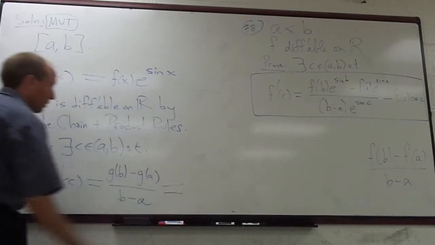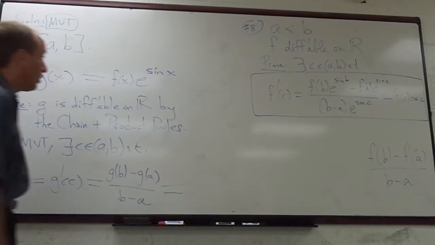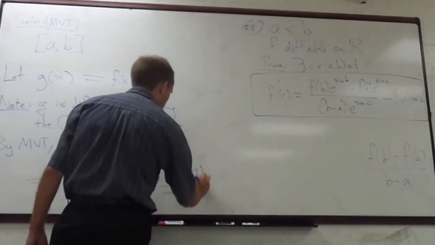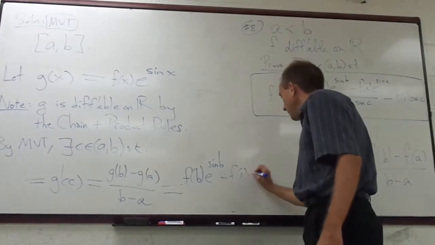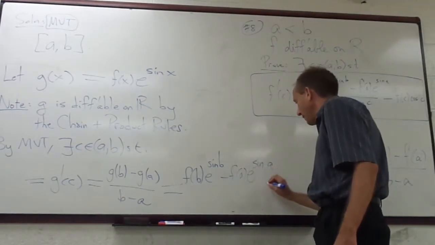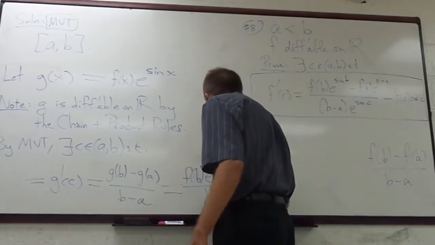And if I plug in what g of b and g of a are, I'm just going to get f of b e to the sine b minus f of a e to the sine a all over b minus a.